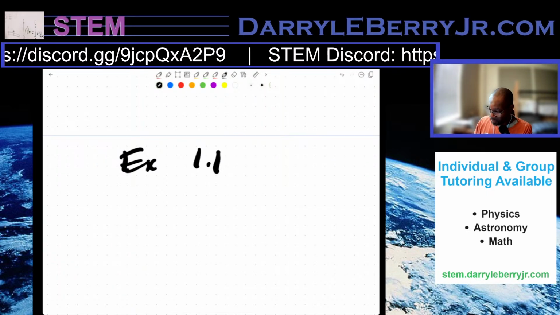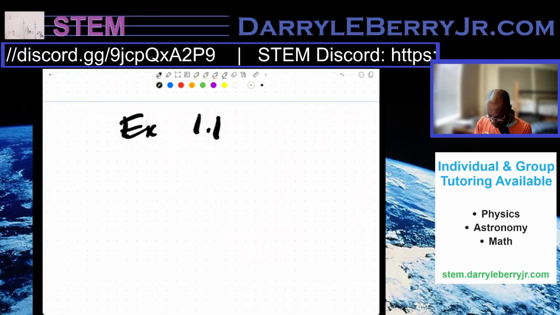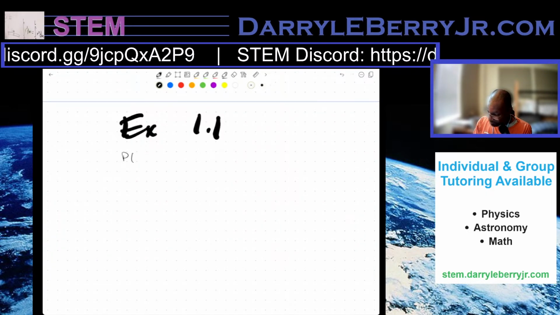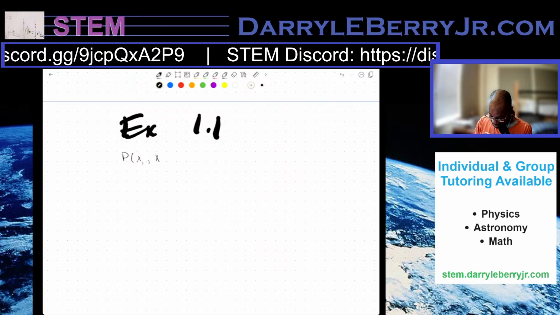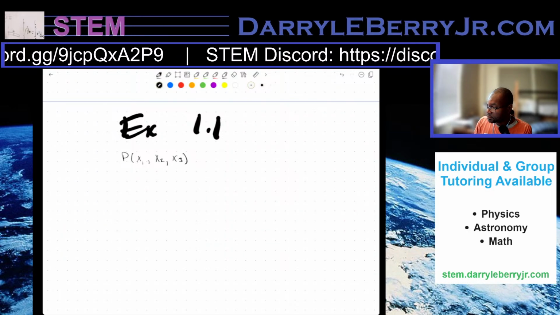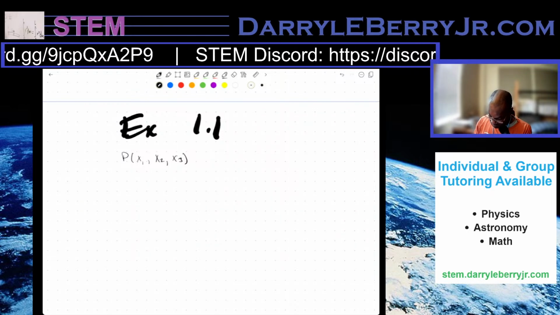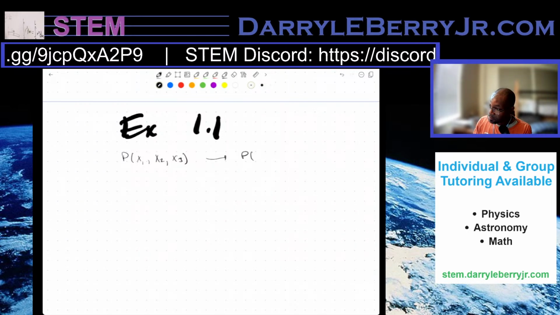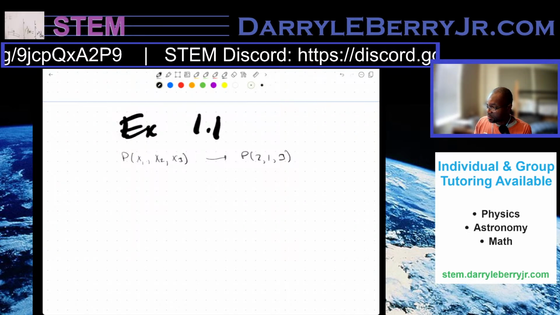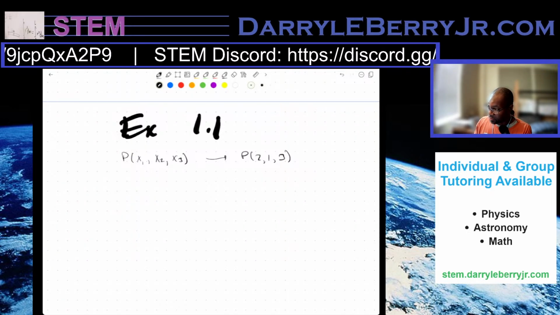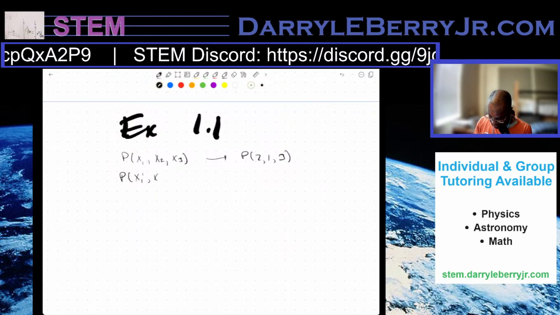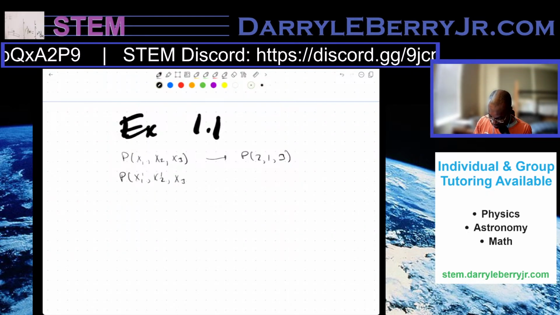This is a point P represented by x1, x2, x3, specifically with point 2, 1, 3. In another coordinate system, the same point is represented by P x1 prime, x2 prime, x3 prime.